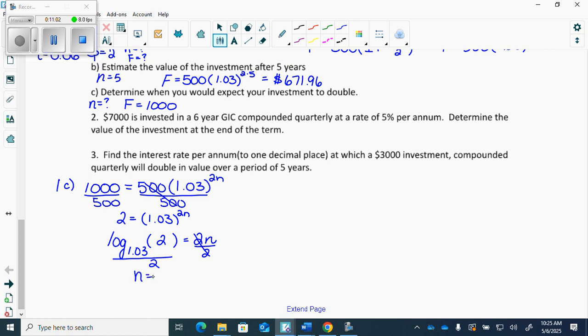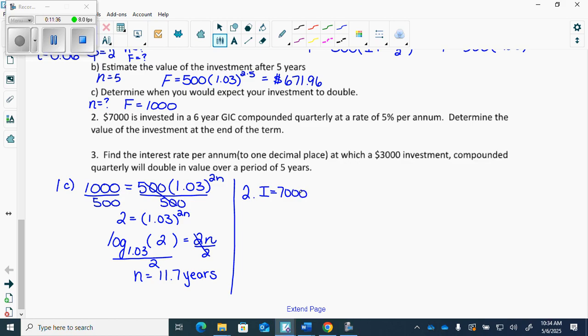Remember, everyone's typing it in. Let's see what's round 2. I'm going to round, 11.7 years. I want you guys to try 2 and 3.